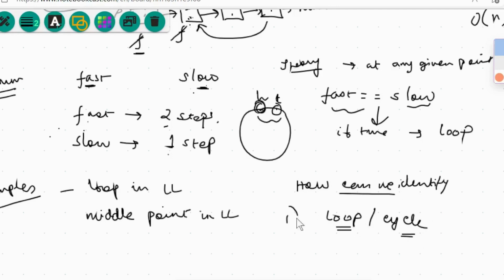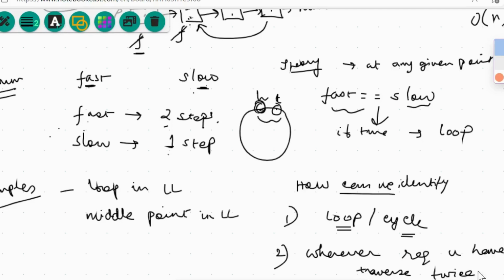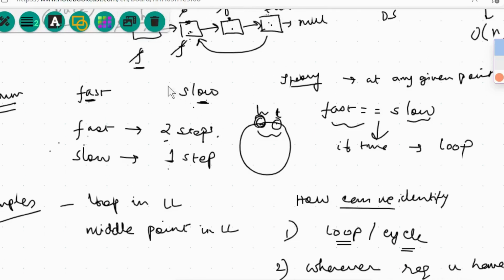Another hint which we can use is wherever, now this again boils down to the 2 pointer technique again, wherever there is a requirement that you have to traverse the data structure twice. Traverse twice means something like, okay, I have to determine what is the length of the linked list, and then after determining the length I have to do certain things.